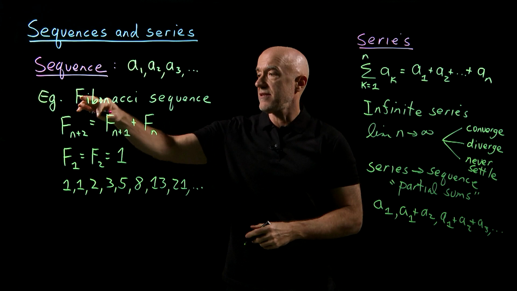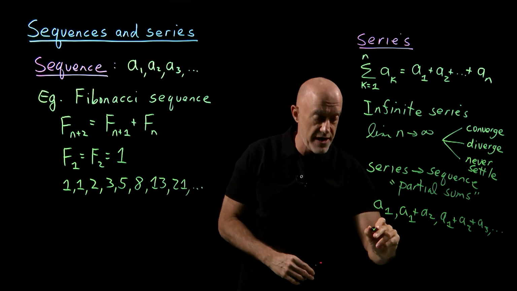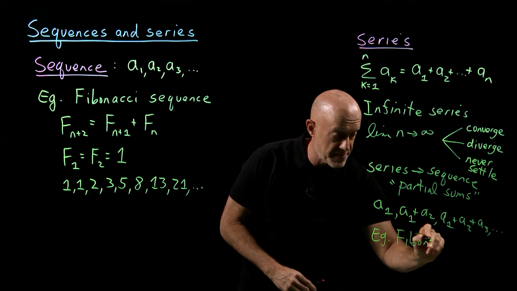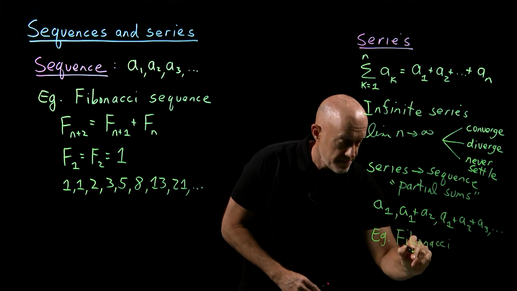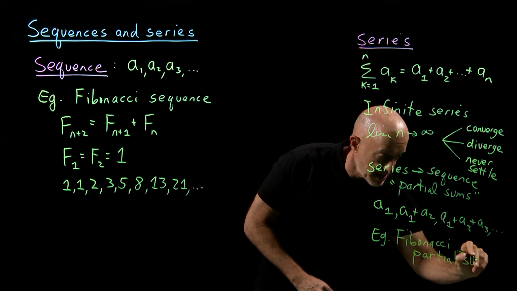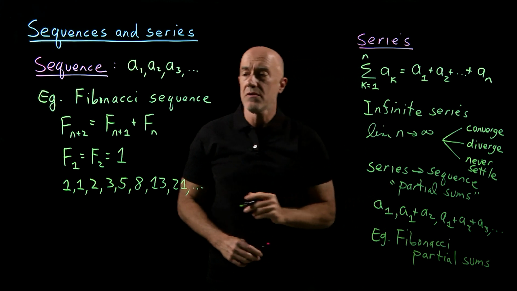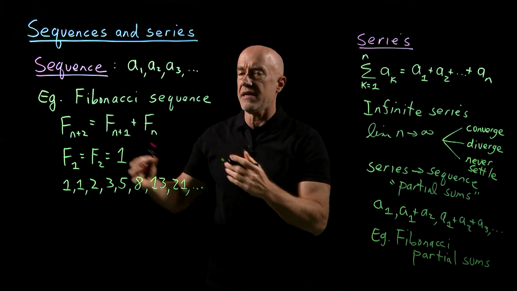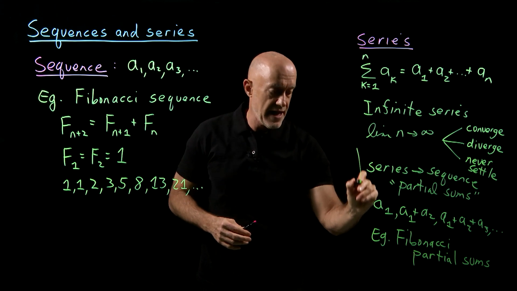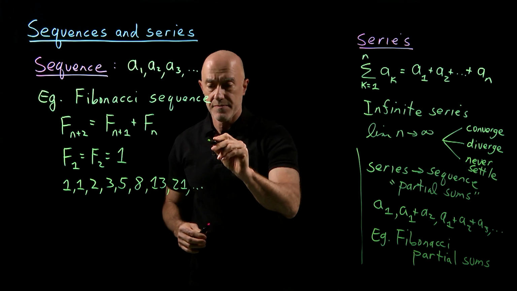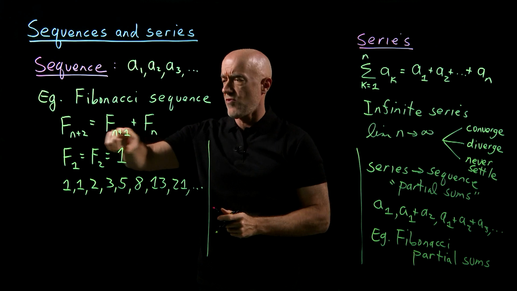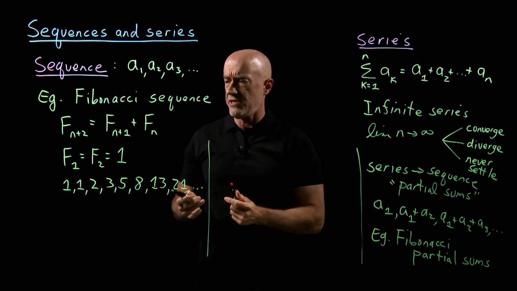So now, instead of looking at the Fibonacci sequence, we can look at the Fibonacci partial sums. So the idea is, can we calculate the value of the Fibonacci partial sums? So let's have a look at that. How can we do that? We can start by writing this recursion relation in a certain way.